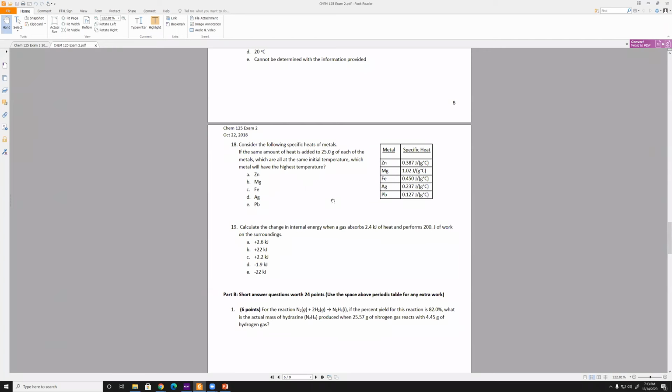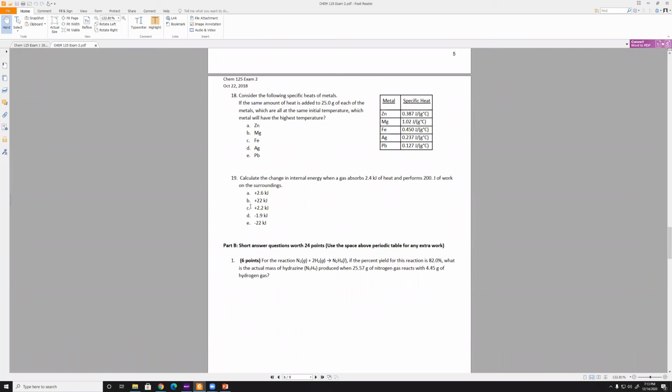Lowest, good. Because lowest specific heat means, look at the unit, joules per gram Celsius, it takes not that many joules per gram to move it by 1 Celsius. So that means lead would be the answer.